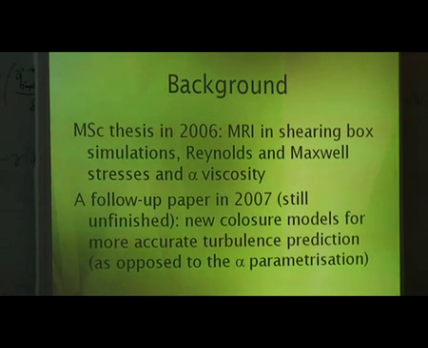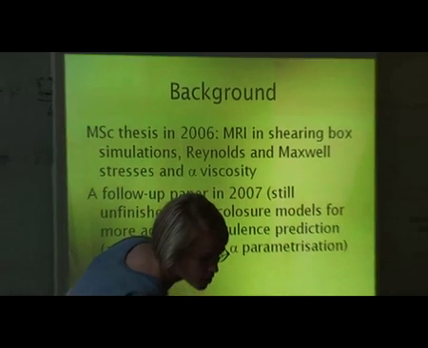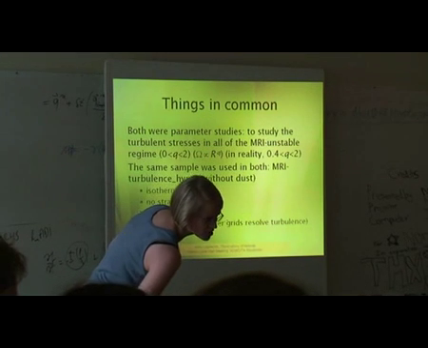We've been working on some new closure models for more accurate turbulence prediction as opposed to the old alpha parameterization. And this is what I'm about to extrapolate on, these results a bit.